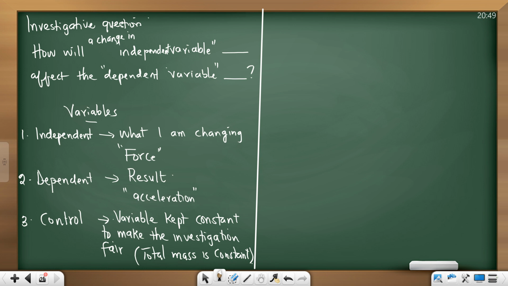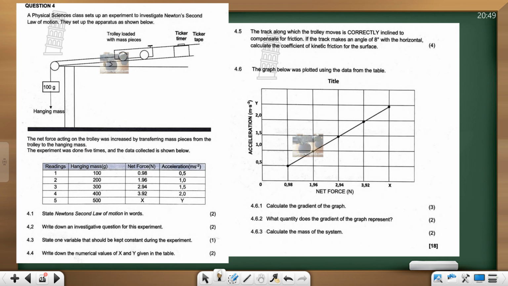How will a change in force affect the acceleration? Okay, and state one variable kept constant like we discussed. Write down the numerical value of x and y given in the table.